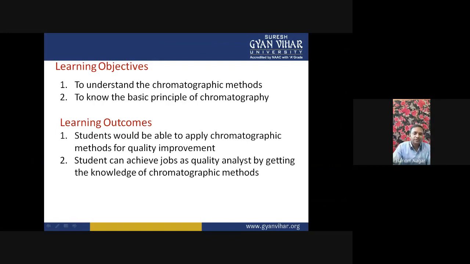The learning objective of this lecture is to understand the chromatography methods and to know the basic principle of chromatography.